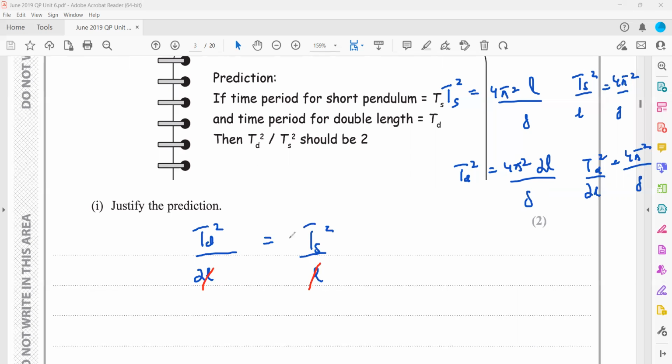L cancels with L, Ts square goes to the denominator, so Td square over Ts square equals 2. When we take the ratio of their squares, we get 2. That is right. So we use the first equation and just substitute the values: the time period for the short pendulum is Ts and for the double pendulum is Td, so Td square over Ts square equals 2.